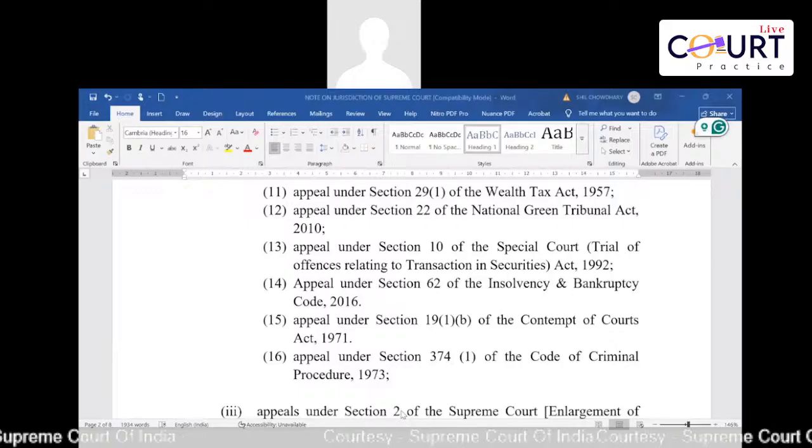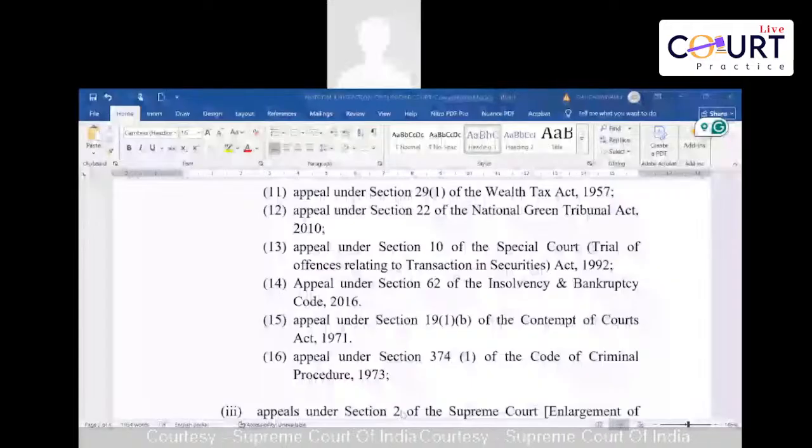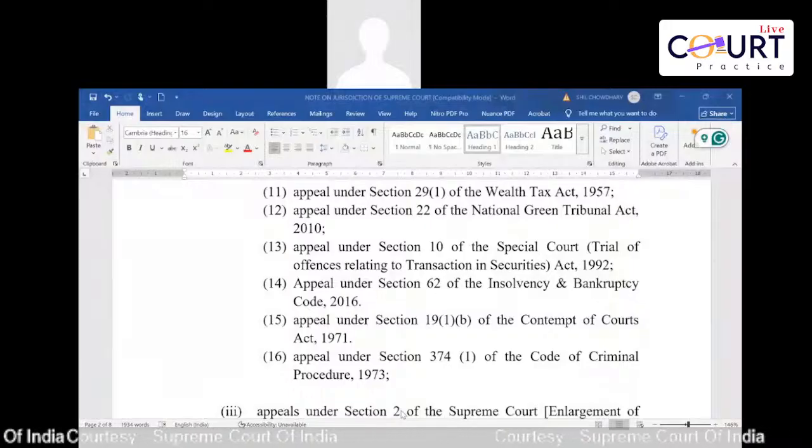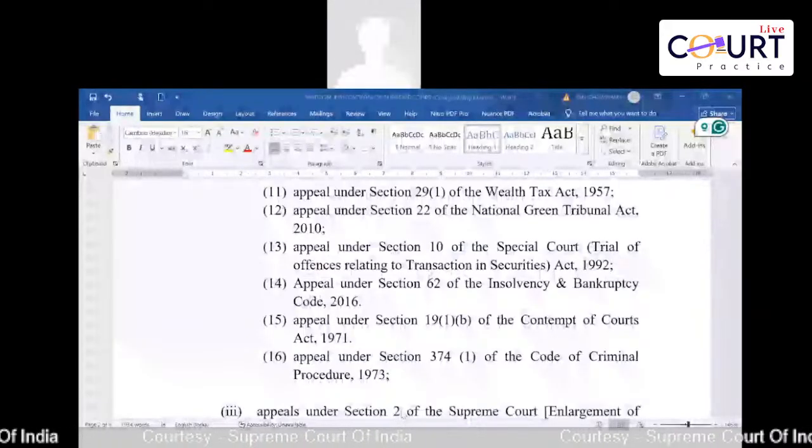The Supreme Court has held that a substantial question of law would mean that the question is not decided by the court so far, or a question of law which is already decided has been ignored by the court below. In both the cases, it would be a substantial question of law.